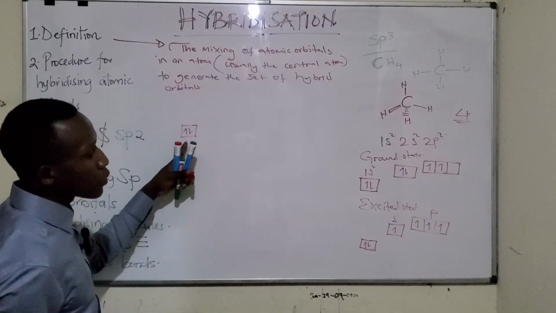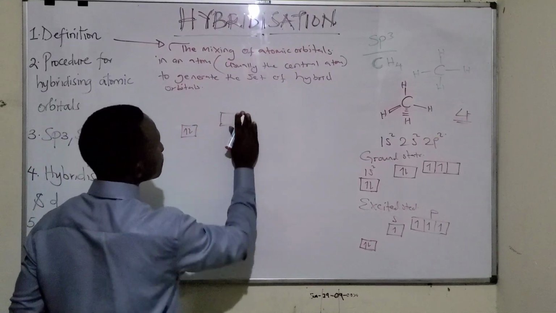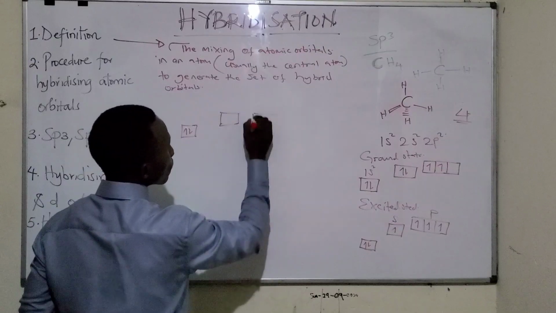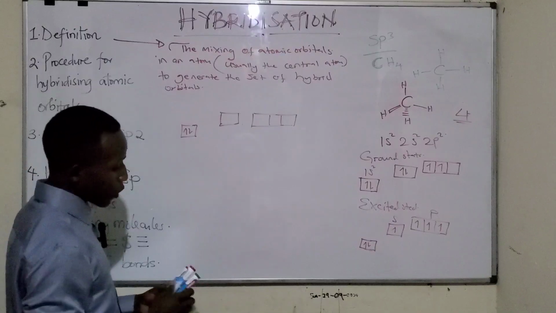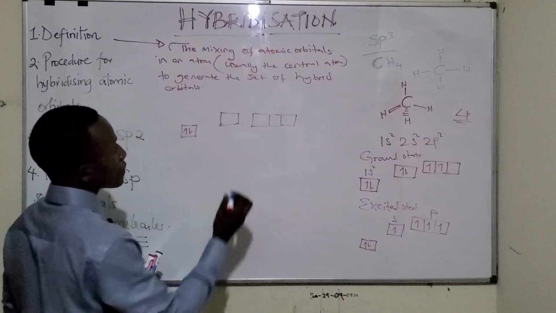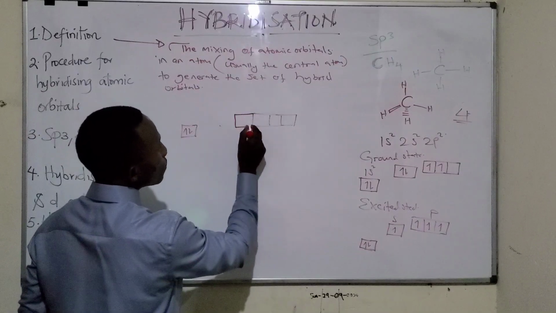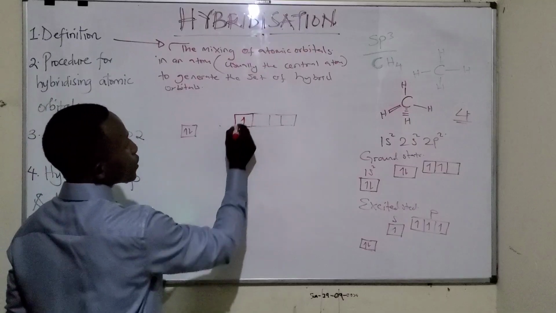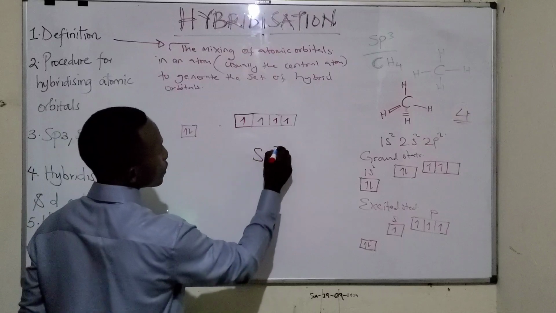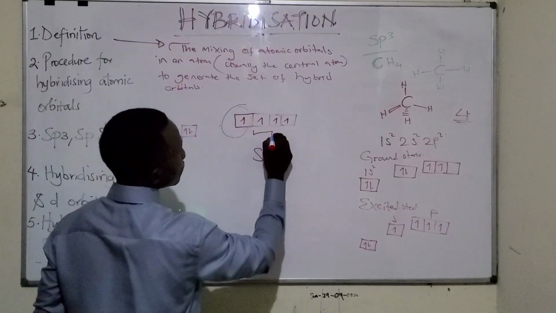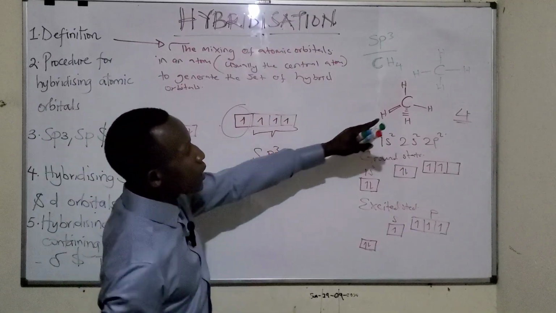Now these ones are at the same level. They are called hybrids because we have mixed the s and the p. So they are now hybrid orbitals. We have 1 s and 3 p's, that's why it's called sp3. These ones will form bonds with the hydrogen.